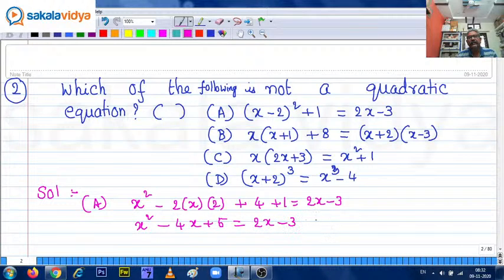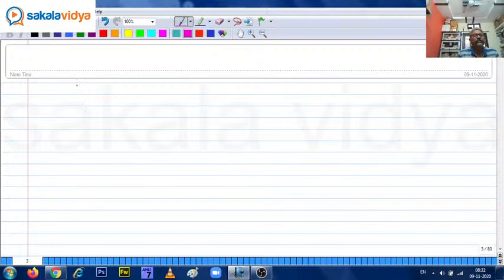Bring these two terms to this side: x square minus 4x minus 2x plus 5 plus 3, that is 8, equals 0. It is a quadratic equation, but we need to find the one that is not, so it is incorrect. Now go to option B.